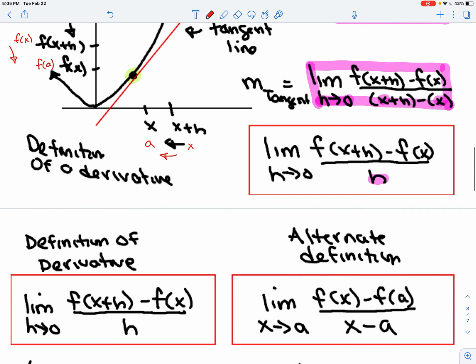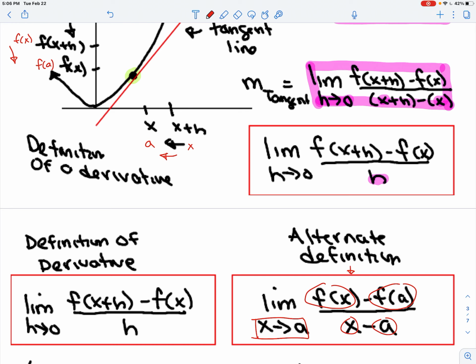So if we were to do that, we would get this alternate definition where the y values are f of x and f of a, and the x values are x and a, and x is approaching a. Okay, so instead of adding a small amount to the first point, I could just pick 2 points and take the limit as they approach each other.